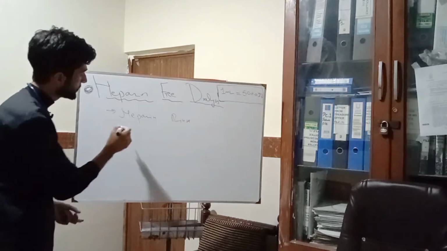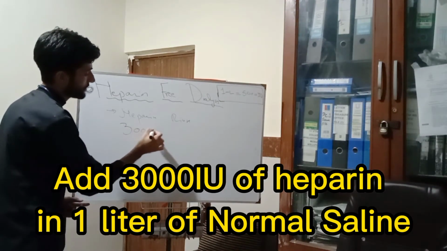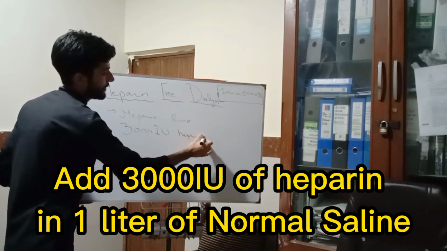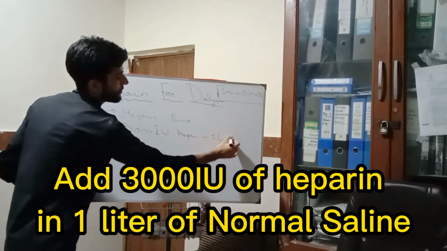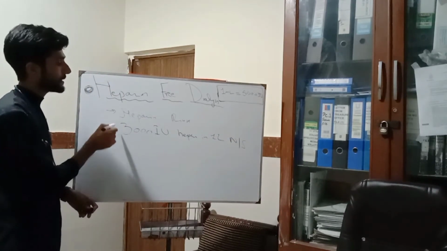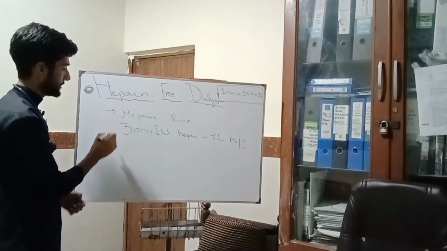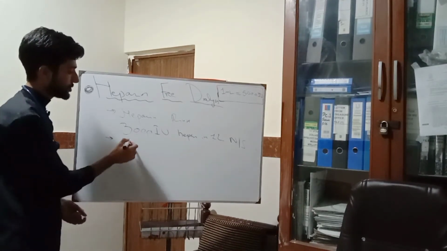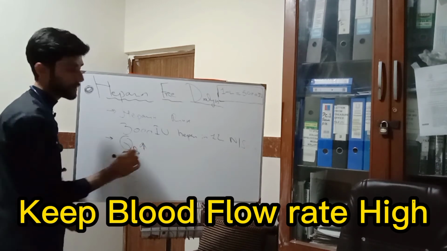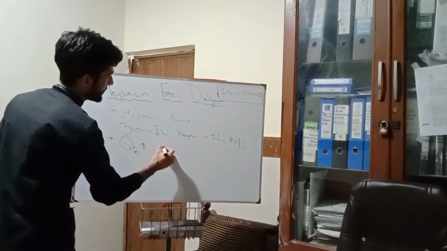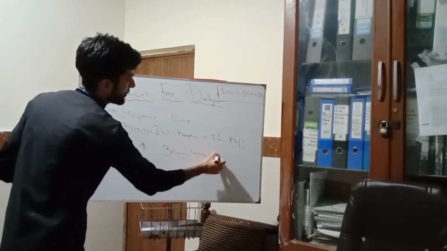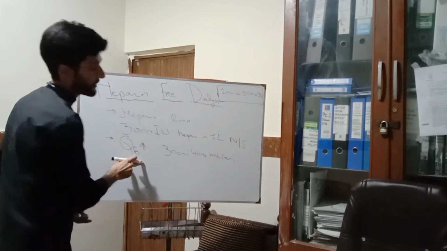You have to add 3000 international units of heparin in 1 liter normal saline, and you have to rinse the extracorporeal circuit with this heparin saline, and you have to take a high QB. You have to take a 300 to 400 ml per minute blood flow rate.